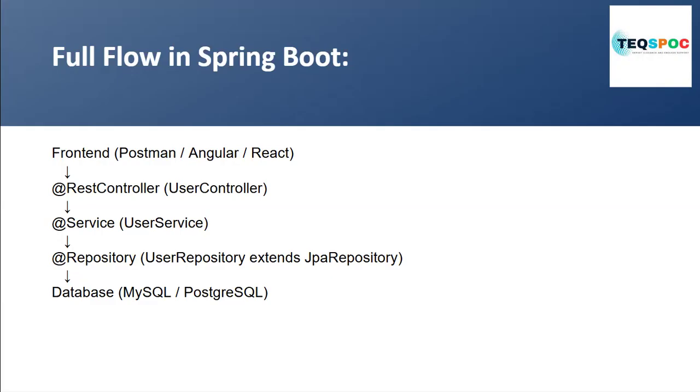JPA provides the standard way for Java objects to interact with a relational database. The JPA API tells Hibernate how we will interact with the database with the help of objects. So JPA acts as an interface with basic rules and guidelines for interacting with ORM, object relational mapping. That is the basic use of JPA.